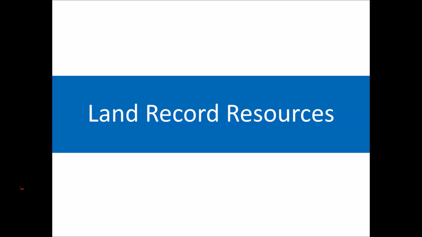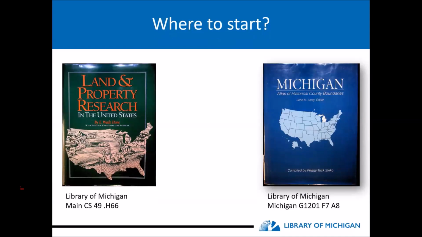And they can be extremely useful in helping to build context for that family history story that you are building. So where can we start with some of those other related resources that have this kind of land information?